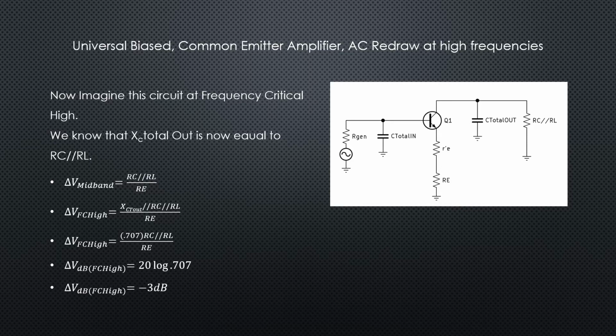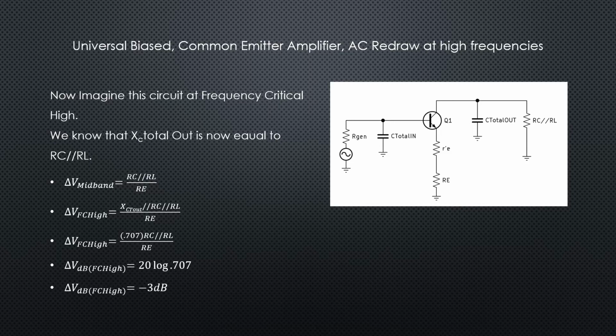So we can see that our gain, our numerator, has gone down by a factor of 0.707, and that our gain is going to go down by a factor of 0.707. And if we run that into the dB formula, we can see that 20 log of 0.707 is equal to minus 3 dB.